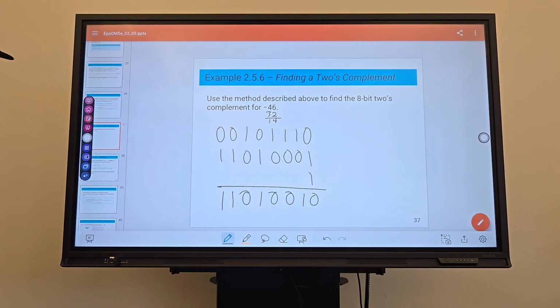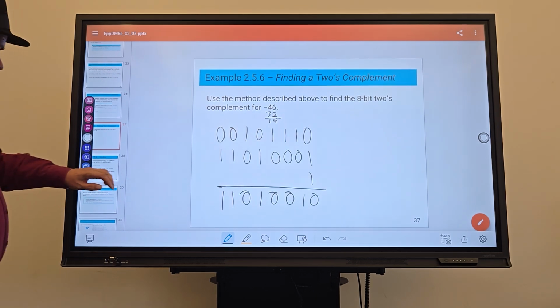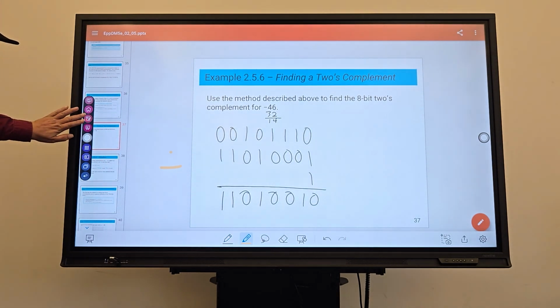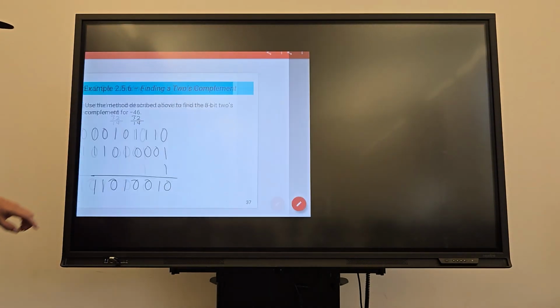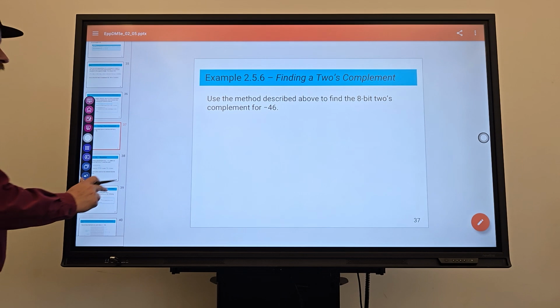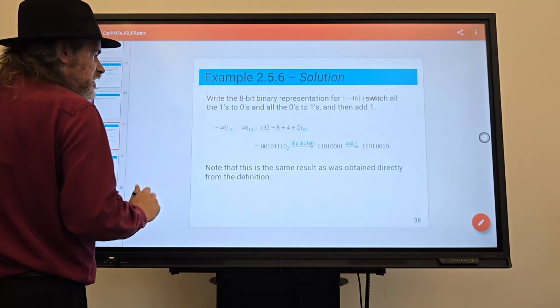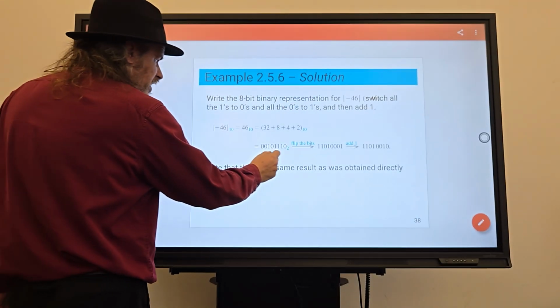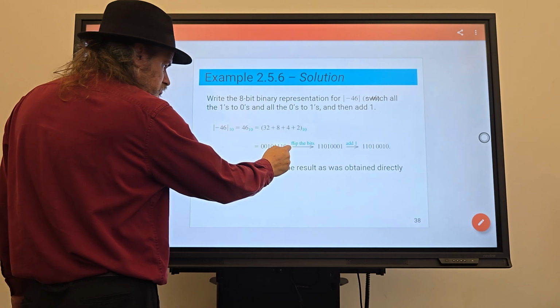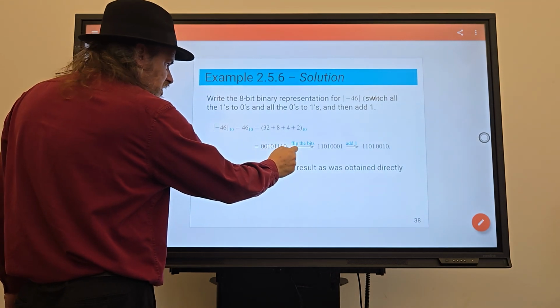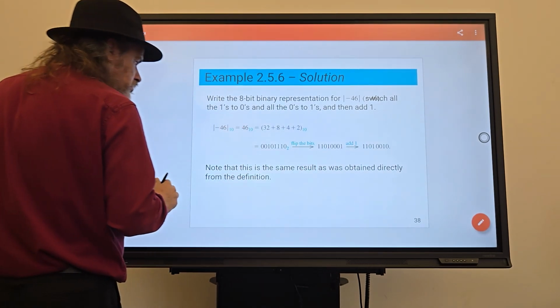Let's see if I did that right. Yeah, I did it right. So represent the absolute value, flip the bits, add 1.